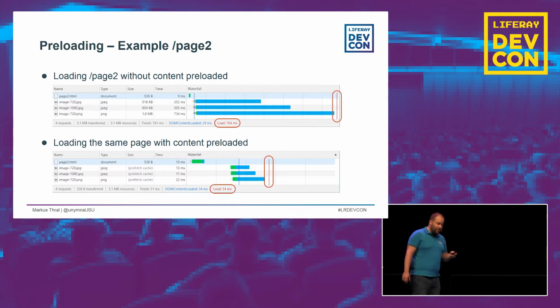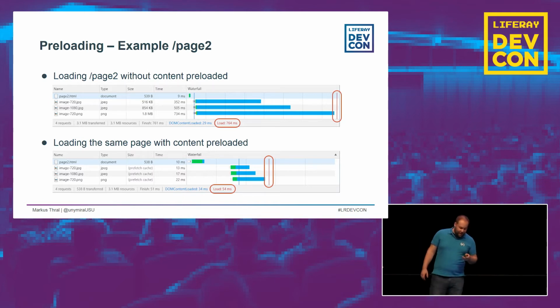On the other hand, if we already preloaded the images, we can see here, the browser has the images already in its cache. It only has to load them from the cache and not from the server anymore. So this reduces the loading time to 54 milliseconds, which is a latency reduction of about 700 milliseconds, and that's quite a lot.